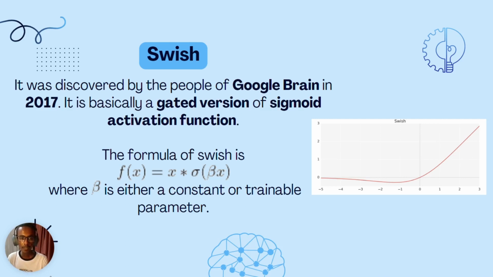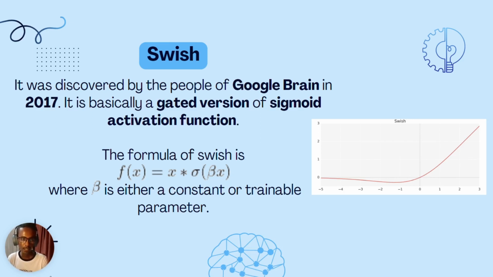Another activation function that we're going to look at is called the Swish activation function. I decided to include the Swish activation function in the video because the next activation function that we are going to look at, the Mish activation function, which was deployed in the later versions of YOLO, is dependent upon the Swish activation function.